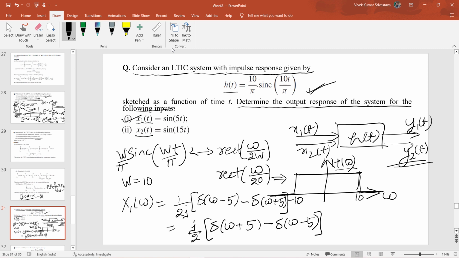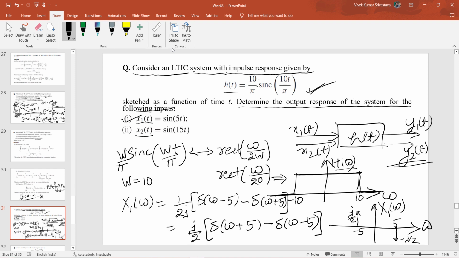This can be plotted as: at 5 its value is minus j by 2, whereas at minus 5 its value is j by 2. So this is the frequency response of X1 of omega.